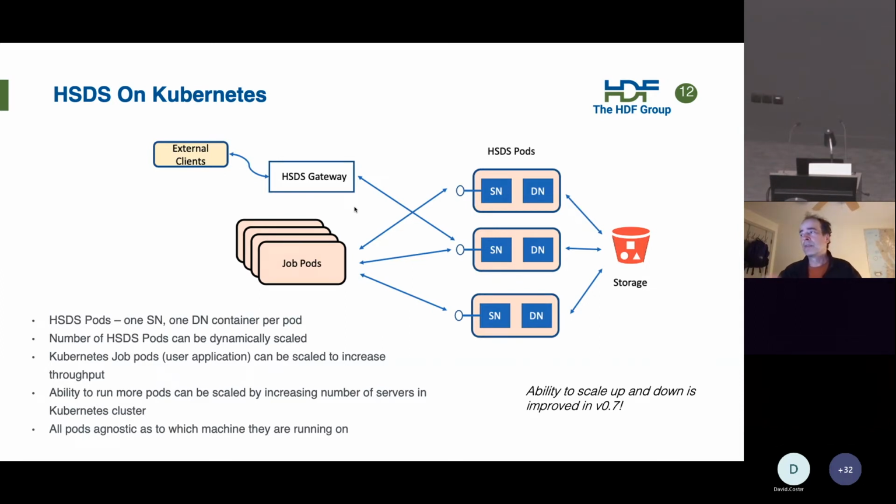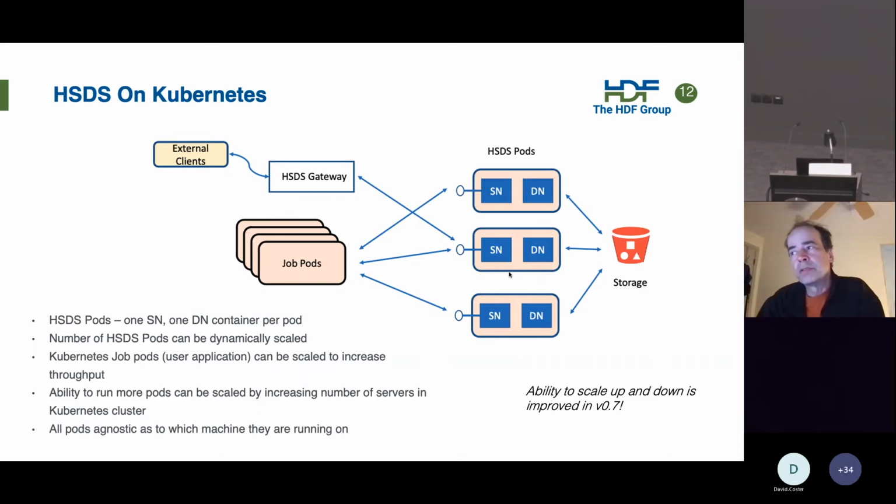So the thing about HSDS pods is that each pod talks to its sibling pods. So again, we have a request going to the SN container. It will talk not only to its own DN, but to other DNs in other pods. So again, by having more pods, you get not only more capacity, but you get more parallelization going on.